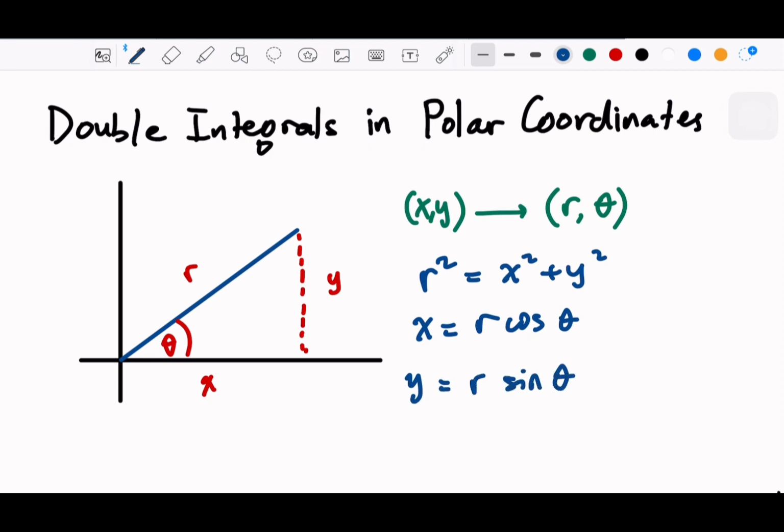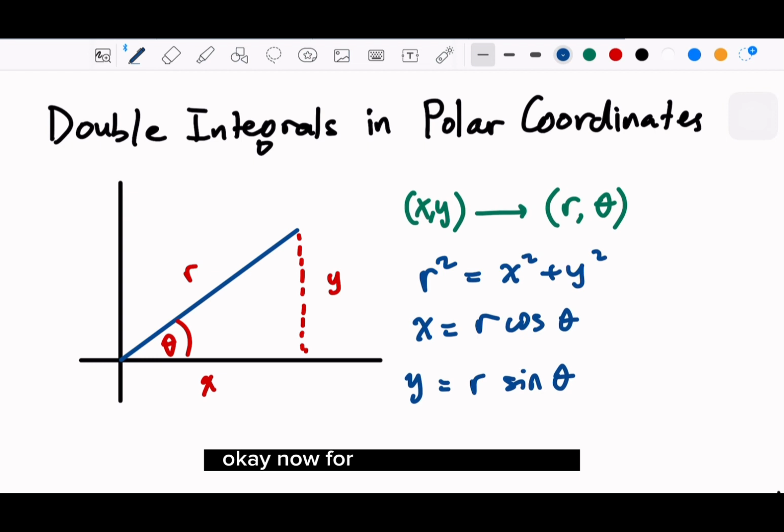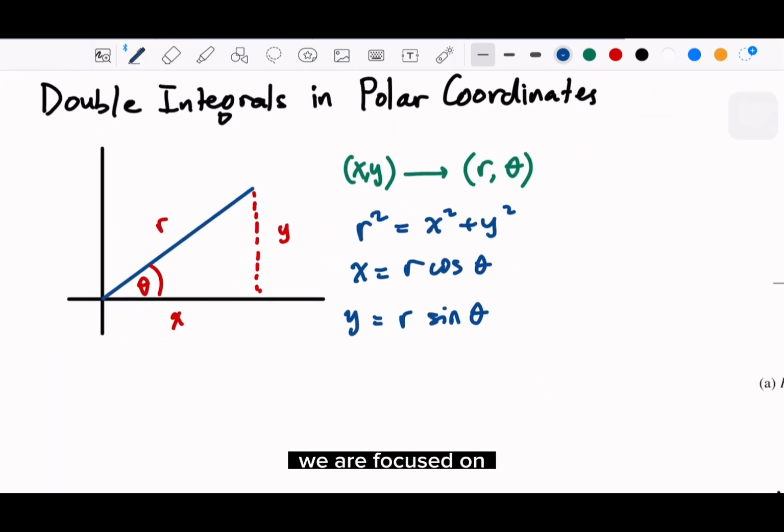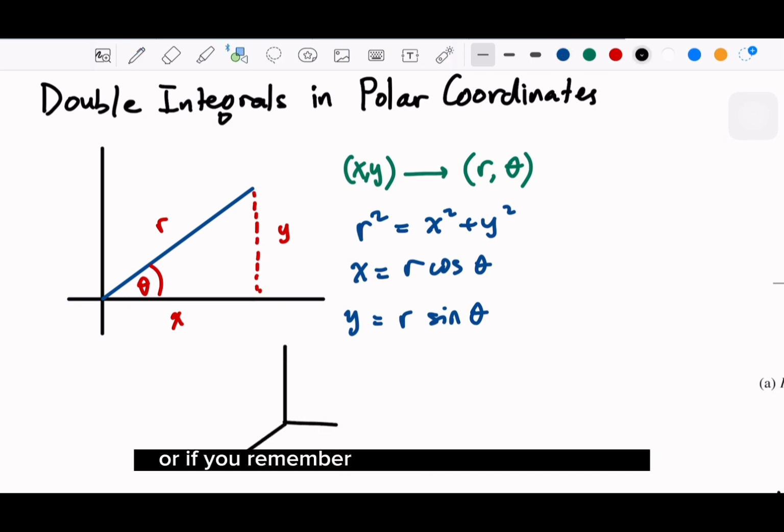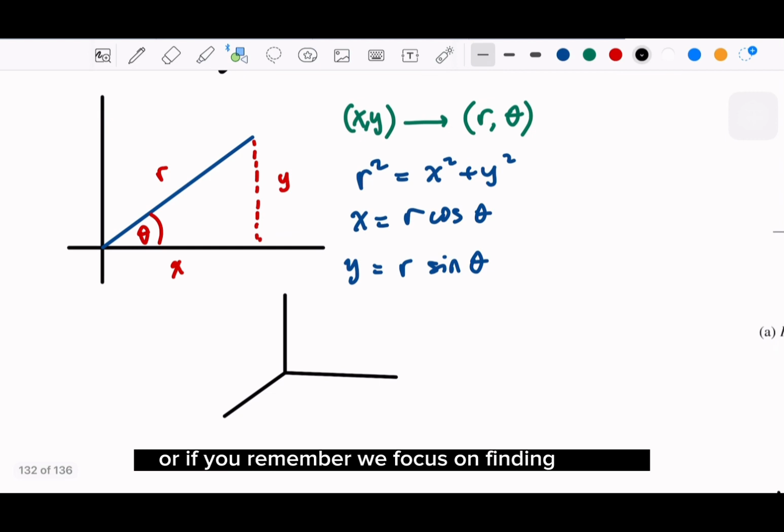Now for the double integrals, we are going to convert any curve that we find. Especially for double integrals, we are focused on the area, right? Or if you remember, we focus on finding the dA.